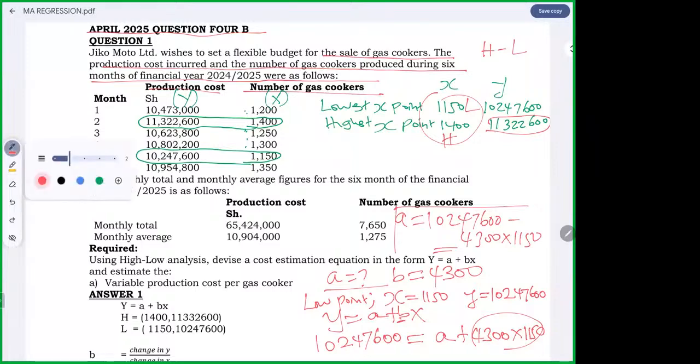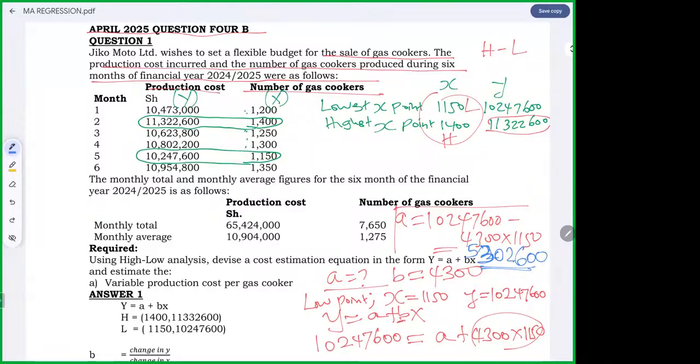So I'm being given that this is 5,302,600. Yeah, and remember, the examiner wanted us to use a high-low analysis to devise a cost estimation equation.